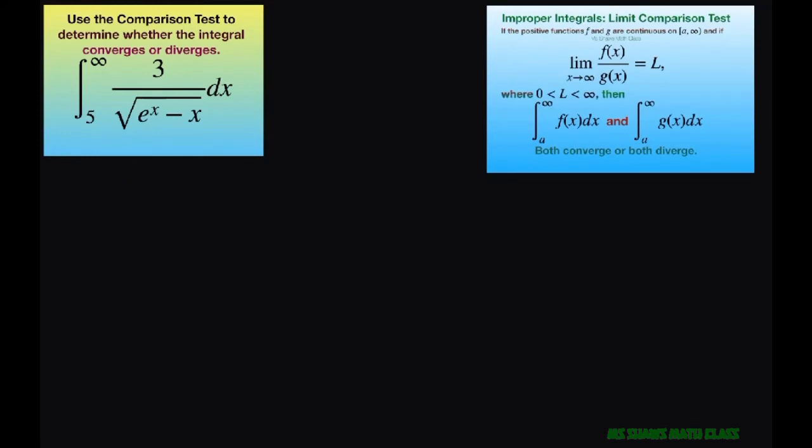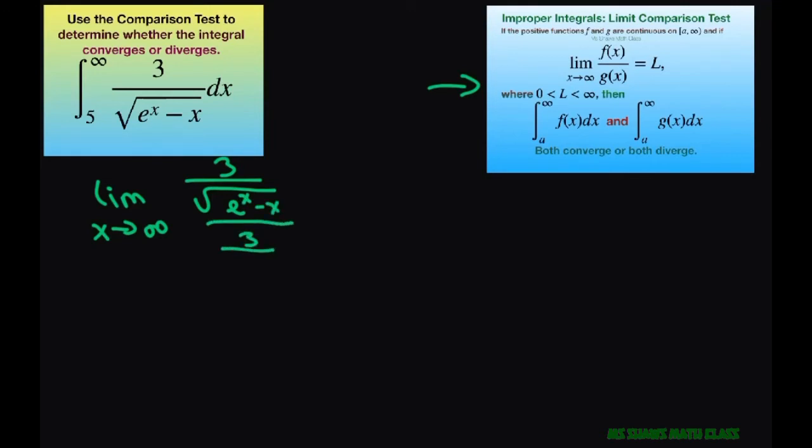So here's the limit test. We're going to compare our f of x with g of x. So this is going to be the limit as x approaches infinity, and we're going to write 3 divided by square root of e to the power of x minus x, divided by 3 divided by square root of e to the power of x.